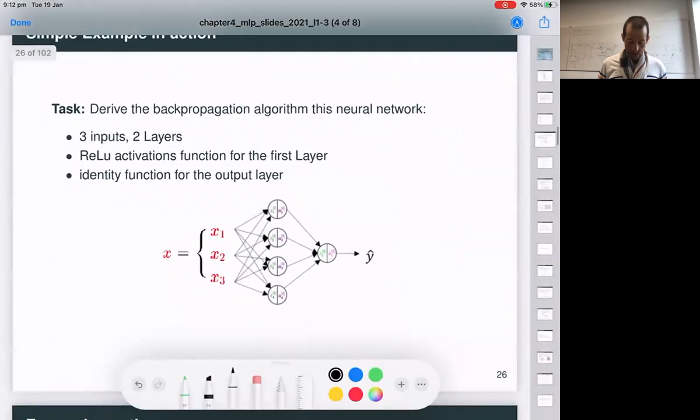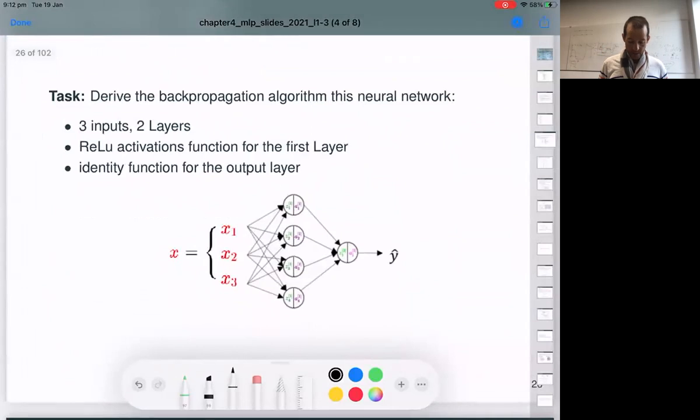So I give you a task, but we will not have much time to do the task live. My advice to really understand what is going on is to do it once by hand. So I just put here the same thing on the chapter. You have 3 features and one hidden layer, so it's a two-layer neural network.